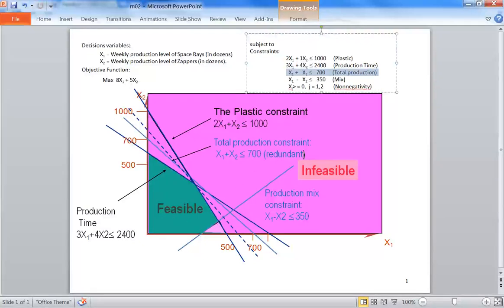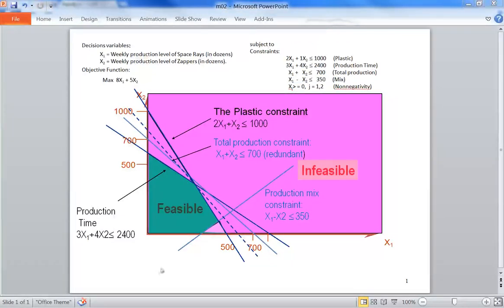Therefore, it's called redundant, meaning if we don't have the constraint, the feasible region will stay the same. On the other hand, the second additional constraint is represented by this line, and it does cut into the existing feasible region. So this triangle used to be feasible, now it's no longer feasible after we add the 4th constraint.